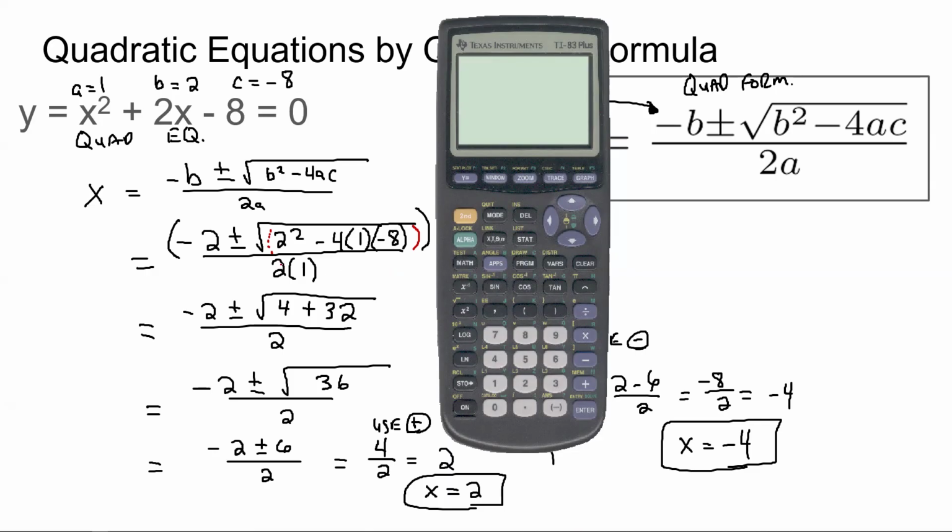Okay. And then lastly, make sure that this gets multiplied together and you don't put a multiplication there, which would move up top. Here it's a 1. It wouldn't matter, but you could see how with other numbers it very well could. So here's that opening parenthesis. I got a negative 2. We're going to use the plus one time and the minus the other. So let's hit plus, and I've got a square root of 2 squared minus 4 times a 1 times c negative 8.